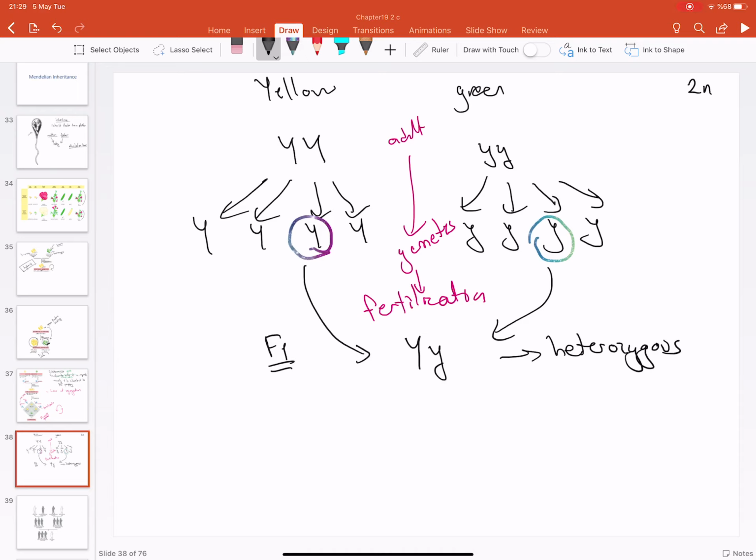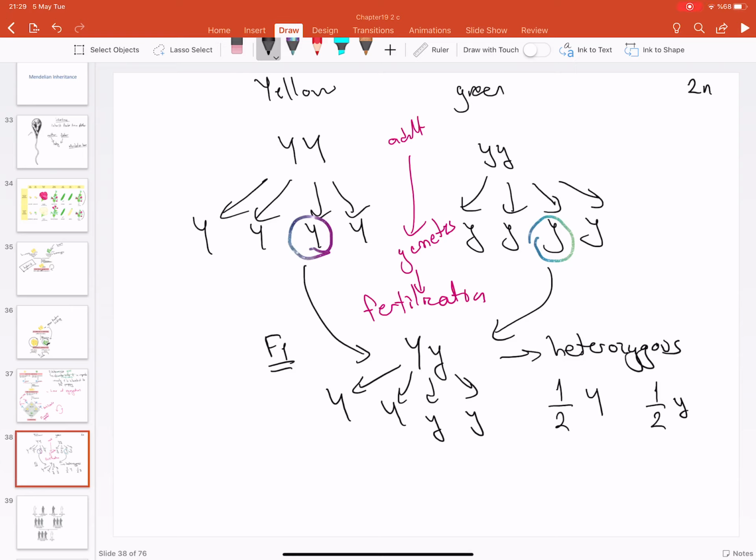Now, this heterozygous will also go under meiosis, and again, it's going to create 4 gametes. But this time, there are 2 possibilities. 1/2 possibility is that you're going to get a capital Y gamete, and 1/2 possibility, 50% possibility, is that you will get a small y gamete.